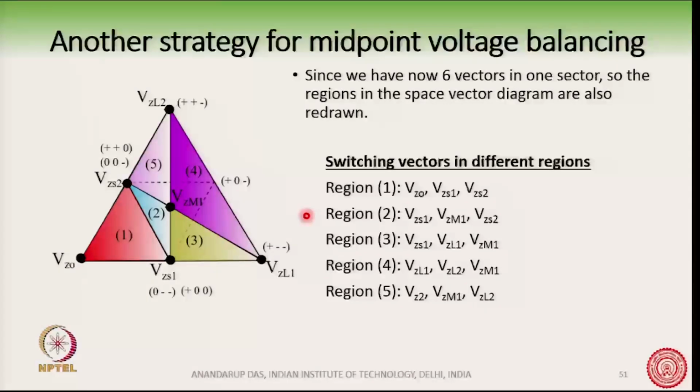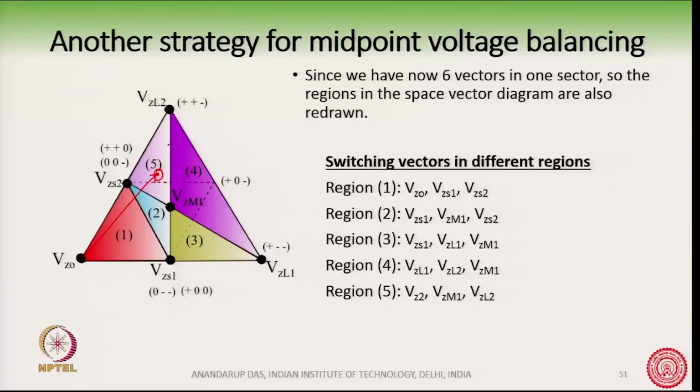As I told you, whatever the reference vector may be, we will always switch the 3 nearest enclosing vectors, right. So, in the presence of these virtual vectors, we are now redefining the sector with 5 regions instead of 4 regions earlier. Okay.